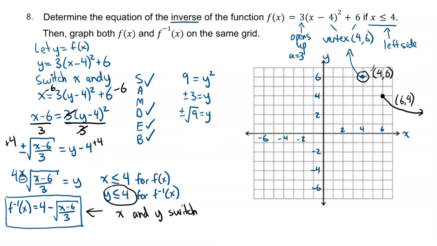So it's the bottom half of a sideways parabola that opens from the point 6, 4. Now if you take that maybe one step further still and you draw the y equals x line all the way up on the diagonal, you should be able to see that the parabola has flipped exactly over the line y equals x because the x and y coordinates have switched.